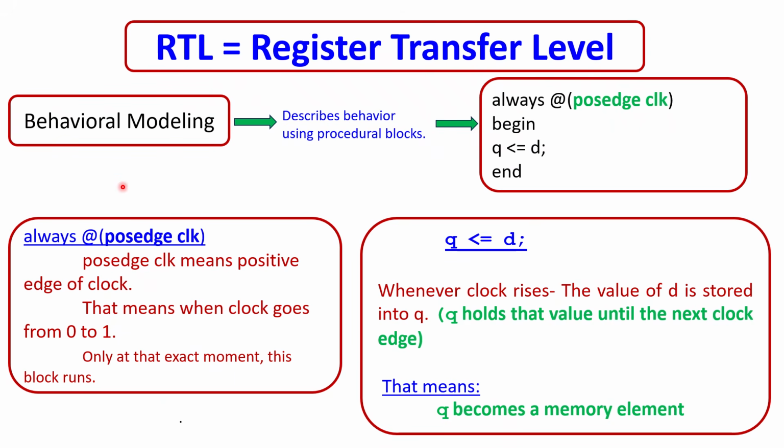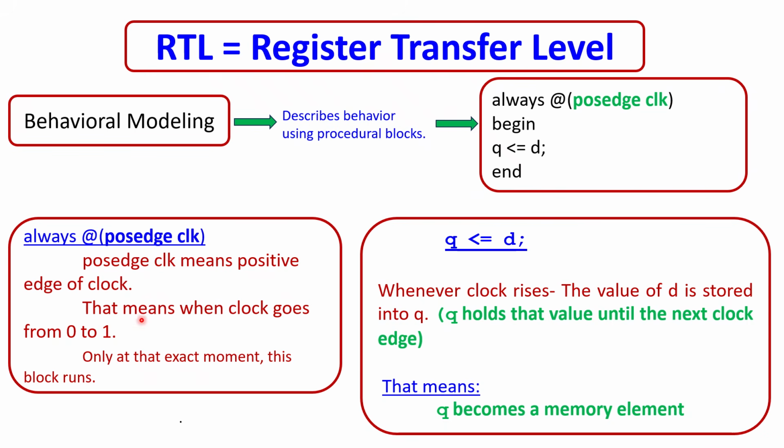And the next one is behavioral modeling. This behavioral modeling describes behavior using procedural blocks. Here you see it uses always. And let's see how the Verilog code is written here. First, let's take always at posedge clock. Look at this. Here posedge is positive edge of clock.